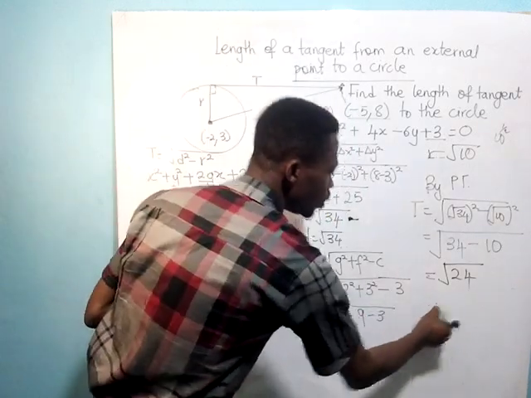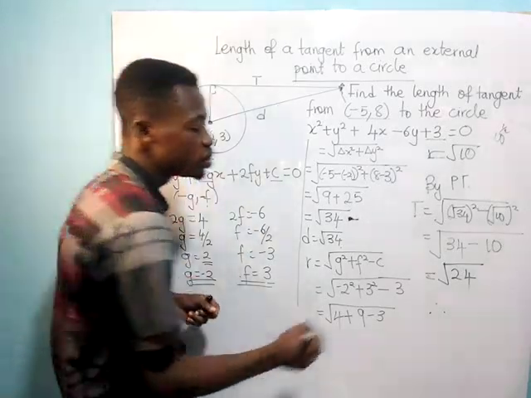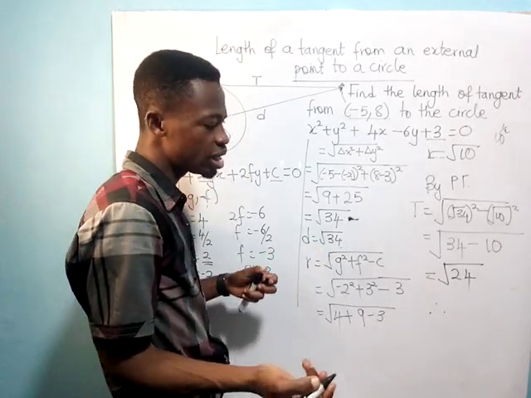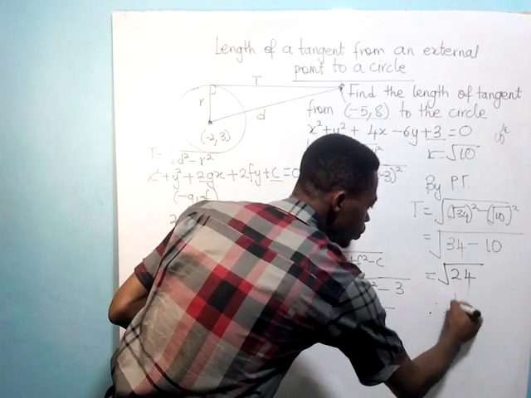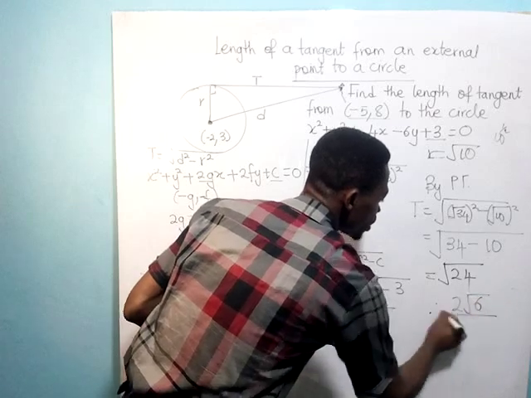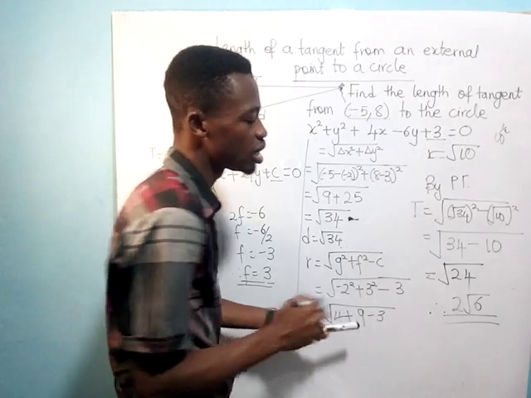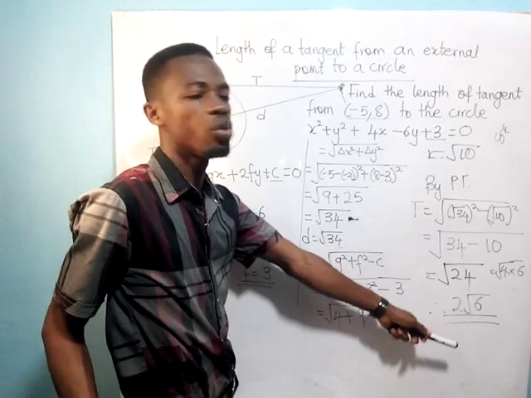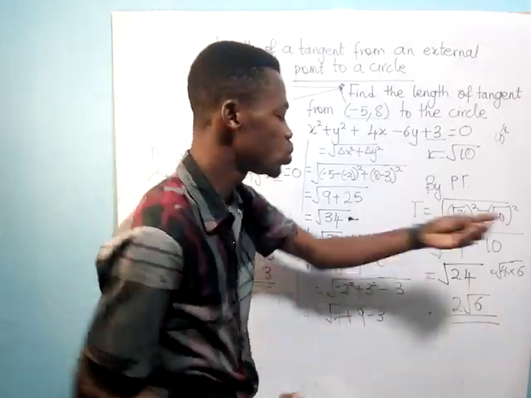So the length of the tangent is going to be the square root of 24. If we want to simplify, we are going to have 2 root 6 as the length, because the square root of 24 can be written as the square root of 4 times the square root of 6, where we have 2 root 6. So the length of the tangent is 2 root 6.